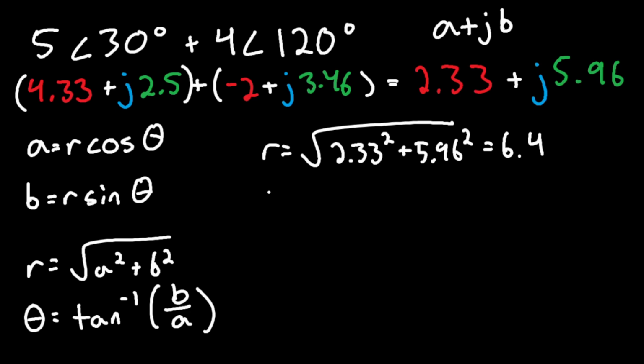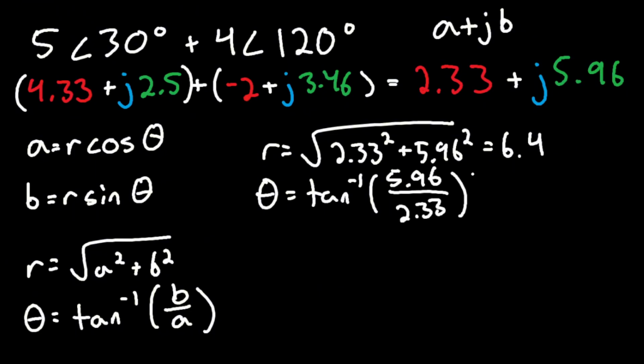So the theta value is the inverse tangent of b over a. Well, b is the imaginary number, and a is the real number. So we have 5.96 over 2.33 inverse tangent it. And this in degrees just equals 68.65 degrees.